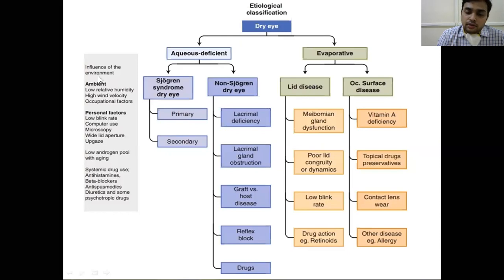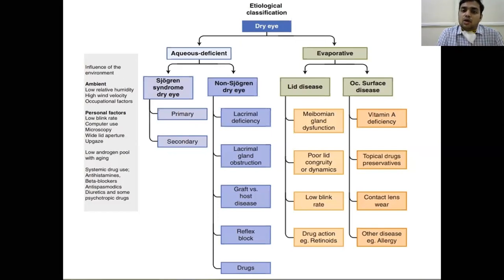And there is an influence from the outside environment also, because of relative low humidity, high wind velocity, and occupational factors like prolonged usage of computers, low blink rate, continuous usage of microscopes, wide lid apertures, and because of the upgaze. These are also reasons for the dry eye.